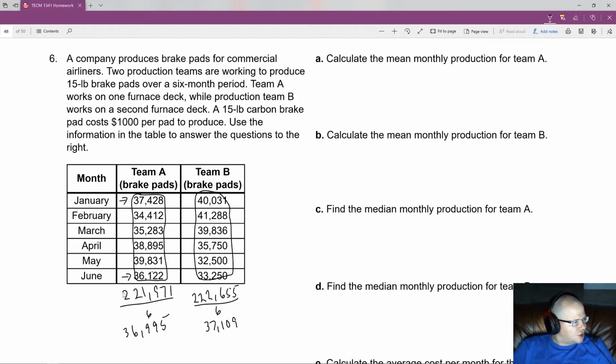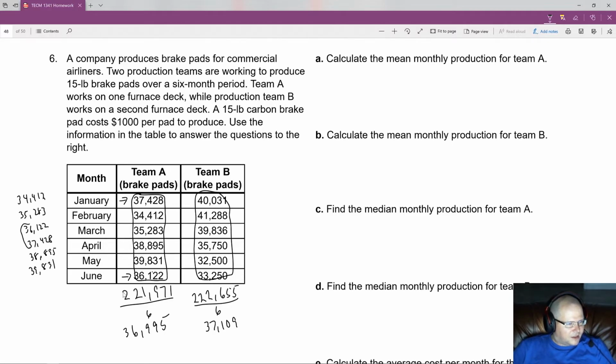So I could show you how it would be 34,412, 35,283, 36,122, 37,428, 38,895, and 39,831.